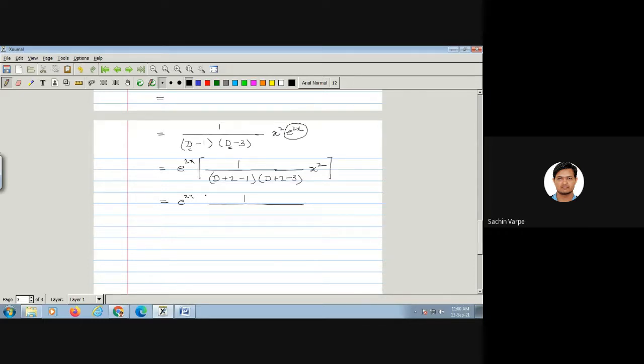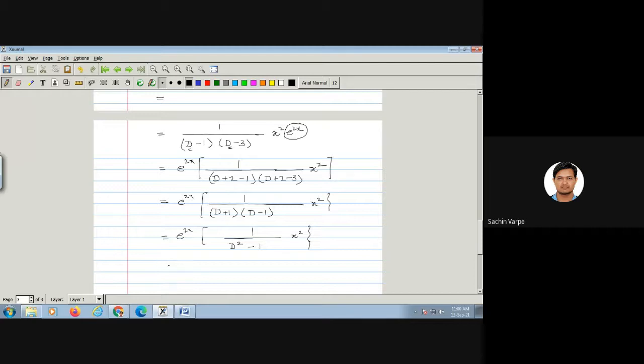That is outside the operator now. And here it will be d plus 1 into d minus 1. That is equal to e to the power 2x, 1 upon d square minus 1, x square.